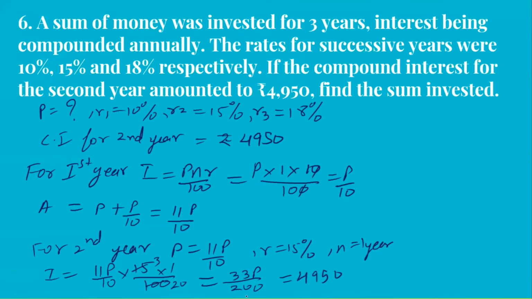So 33P upon 200 is 4,950. Solving this further, you get P is equal to 4,950 multiplied by 200 divided by 33. This goes inverse over here. On calculating this, we get 30,000. Rupees 30,000. So the sum invested was rupees 30,000.